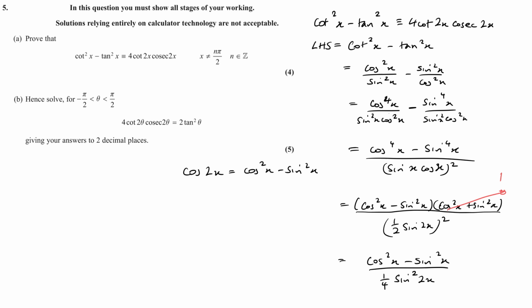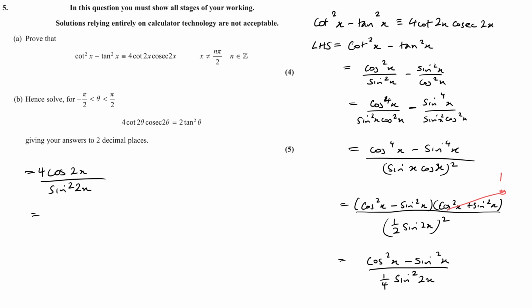So now we can replace that top with a cos 2x. So let's go with that. So now I've got cos 2x, and then on the bottom I've got 1/4. Let's put the quarter onto the top, so before sine squared 2x.